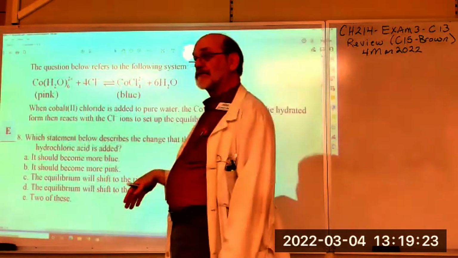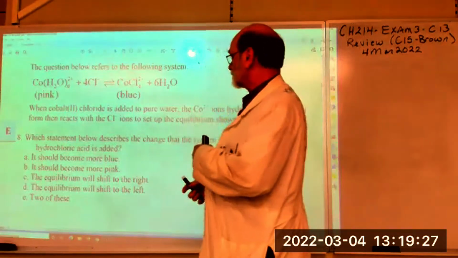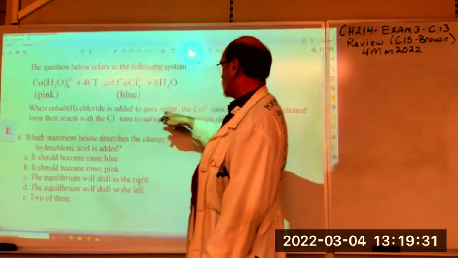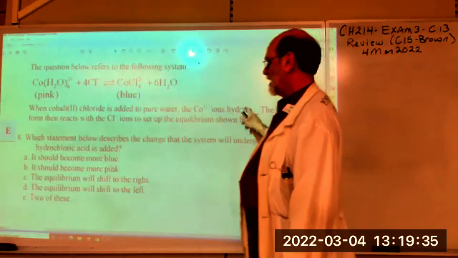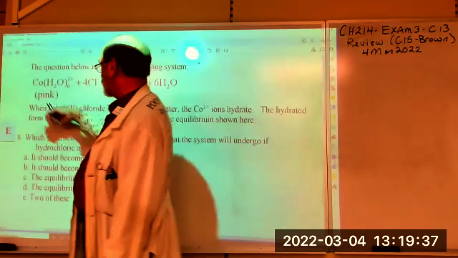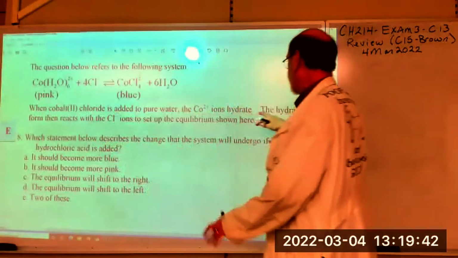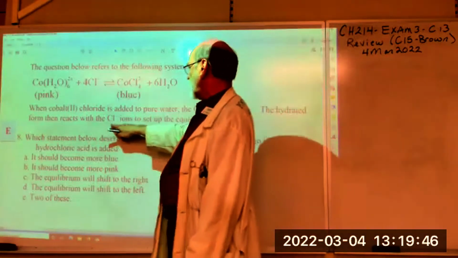So we can see visually which way the equilibrium is moving. When cobalt 2 chloride is added to pure water, the cobalt 2 plus ion hydrates. Okay, so this is a step that forms that species right there. After that's done, then the hydrated form reacts with chloride.